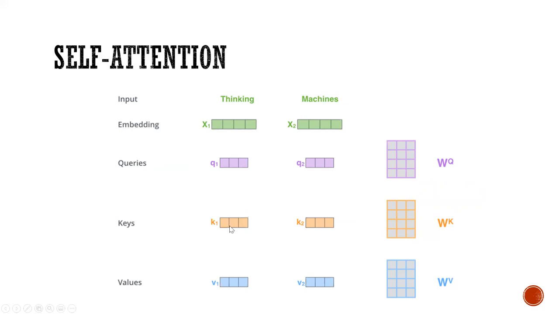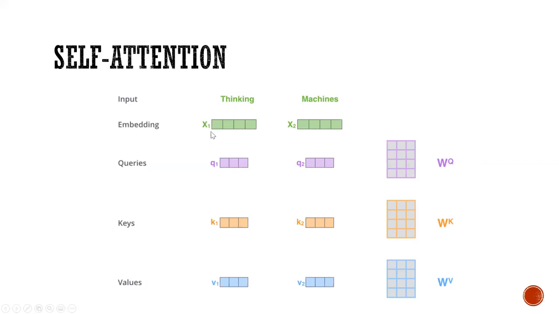Every time they compare how similar keys are to the queries, and then use the similarity score to calculate the weighted sum of the values. So they have additional vectors to compute similarity. To generate the queries, keys, and values, they use a transformation matrix.